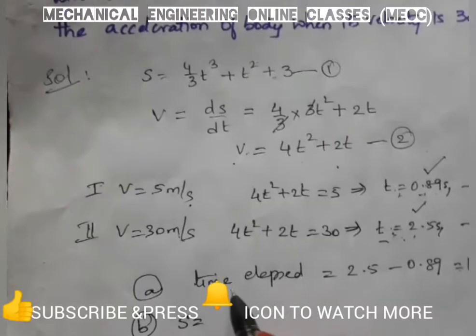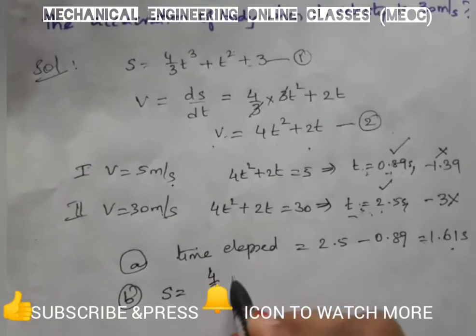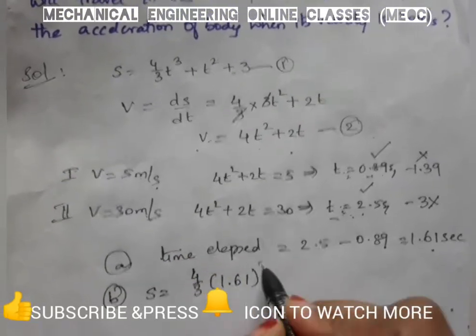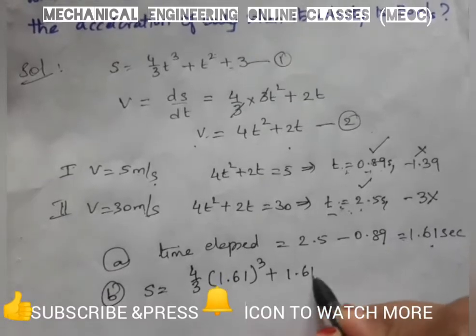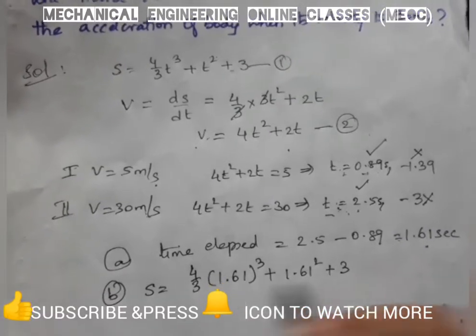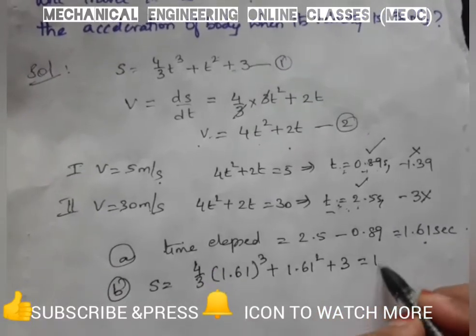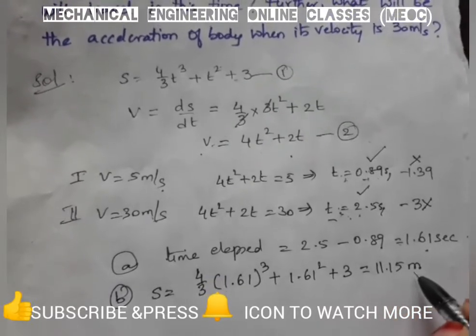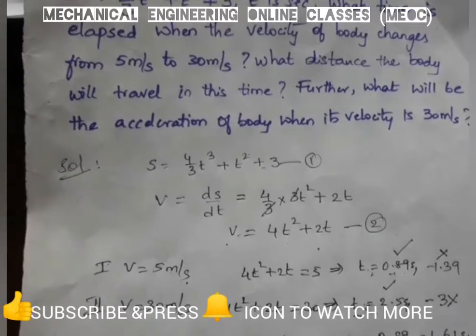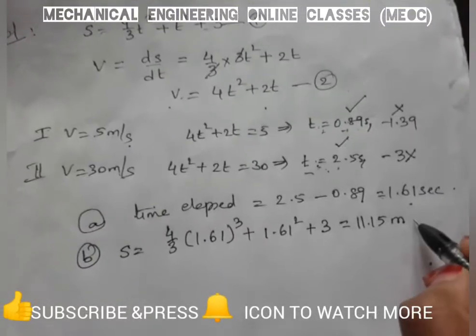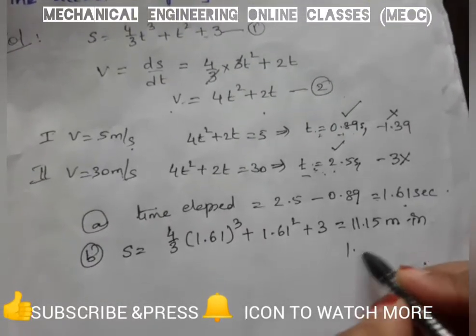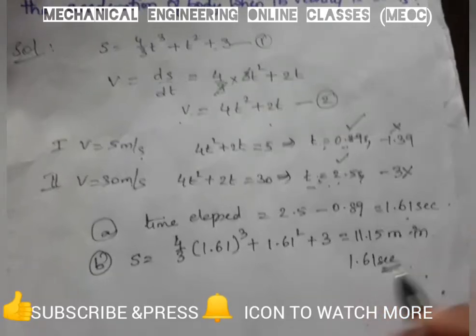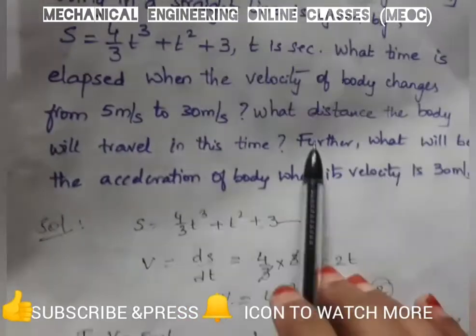Now we have 4 by 3 into 1.61 whole cube plus 1.61 square plus 3. On solving this, we get 11.15 meter. So 11.15 meter distance is travelled by the body within 1.61 seconds. This is the second bit.